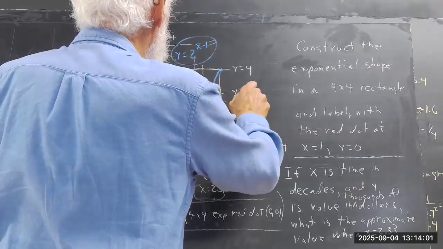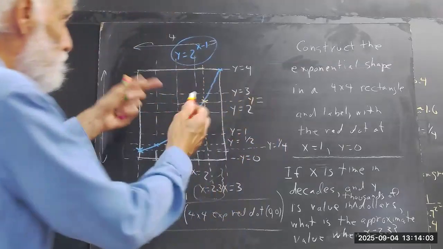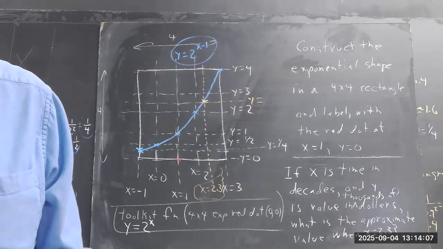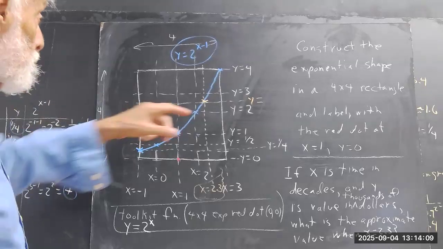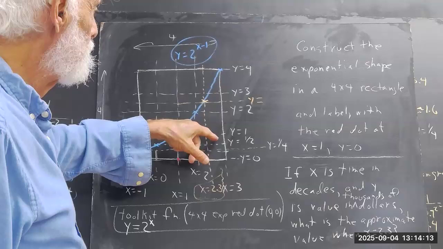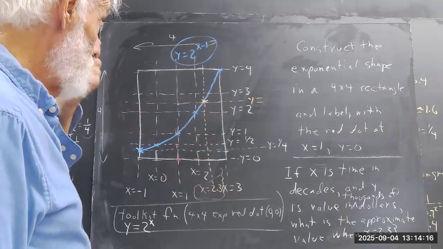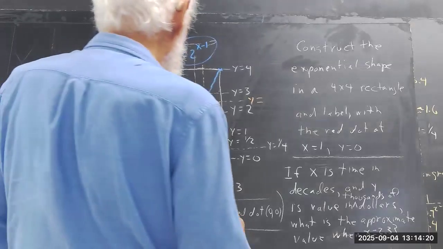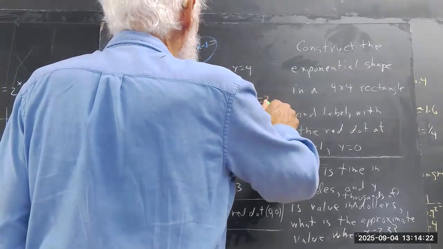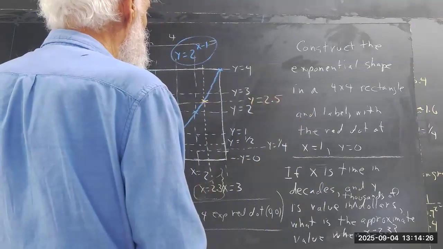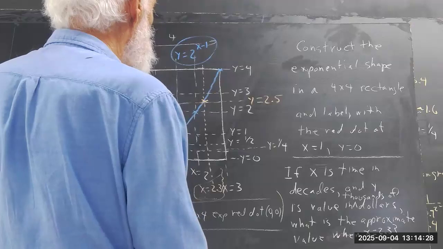You don't need it to construct the graph, but if you're going to make estimates, draw any lines that you think you can draw pretty accurately and base your estimates on them. Now, this looks like it's between 2 and 3, about halfway. So I can say y equals 2.5.